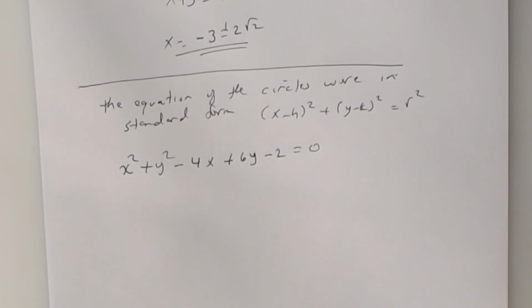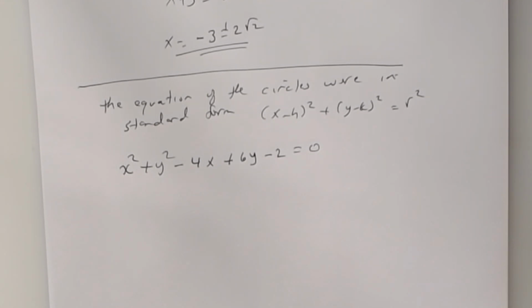If it was in standard form, then I could determine the center and the radius right away. But is that in standard form? No, that's not in standard form. So somehow we need to get this in standard form.